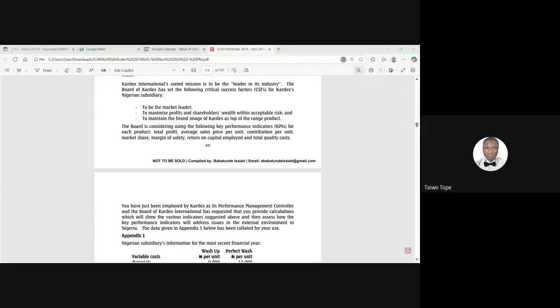So what will be your break-even sales in units? You know your fixed cost. What is your fixed cost? 12,000. Fine. So what is your contribution? 14.5.